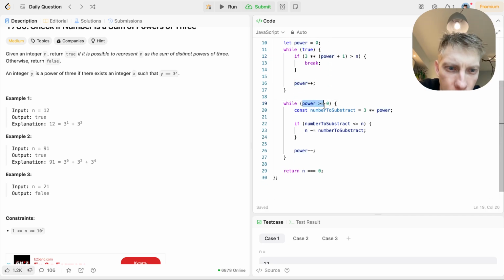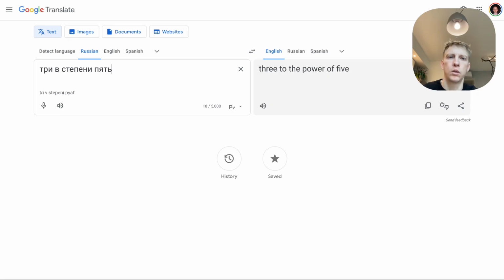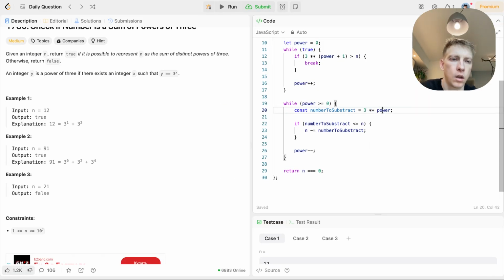Then 2 is bigger than 0, we are subtracting 3 to the power of 2, 9. 9 is less than 12, which means we are subtracting 9, and n is 3.